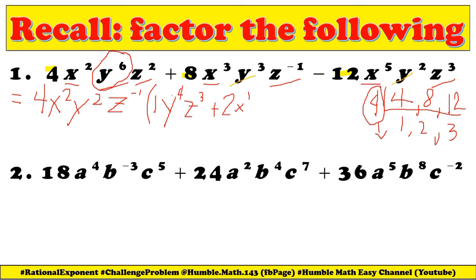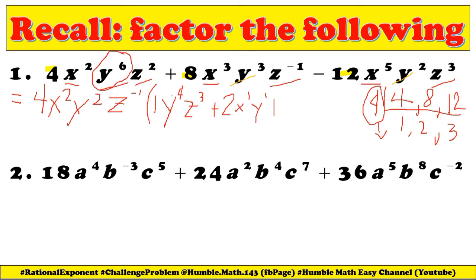Then for the y cubed divided by y squared, 3 minus 2 is also 1. So the exponent now of y is y to the 1. And then here negative 1, same in the outside factor, so they cancel. So we don't have z to the negative 1 anymore, so we don't have z anymore.